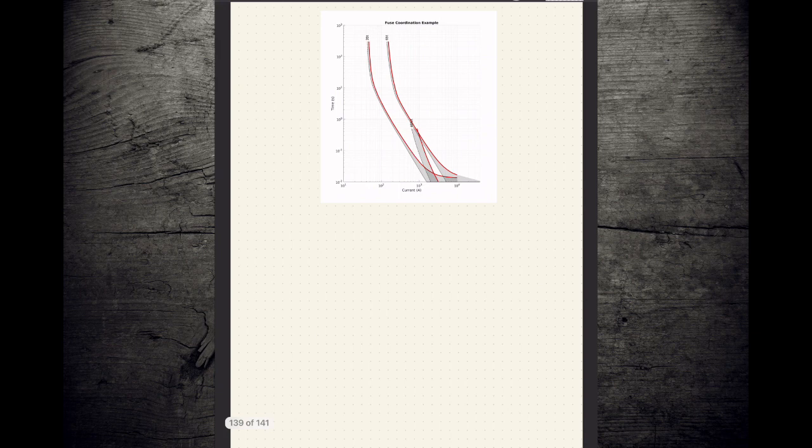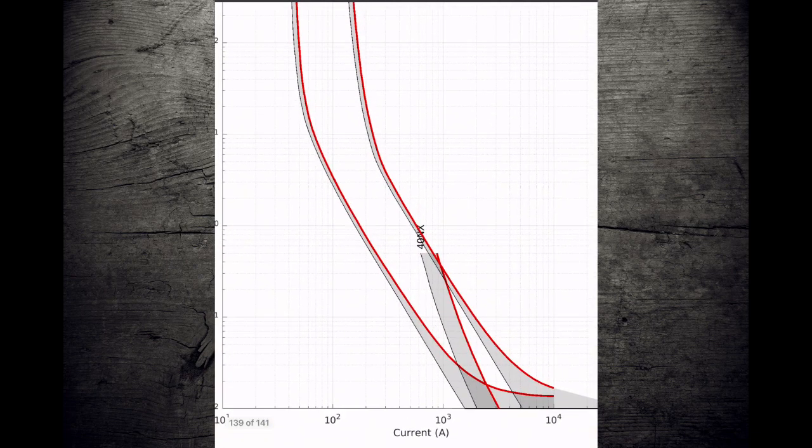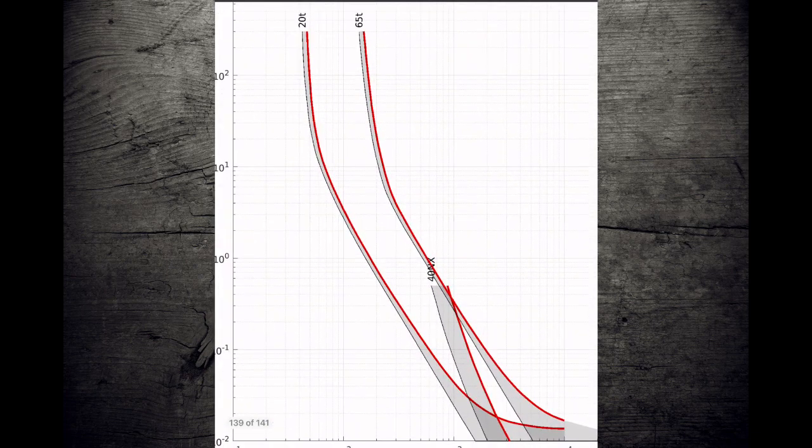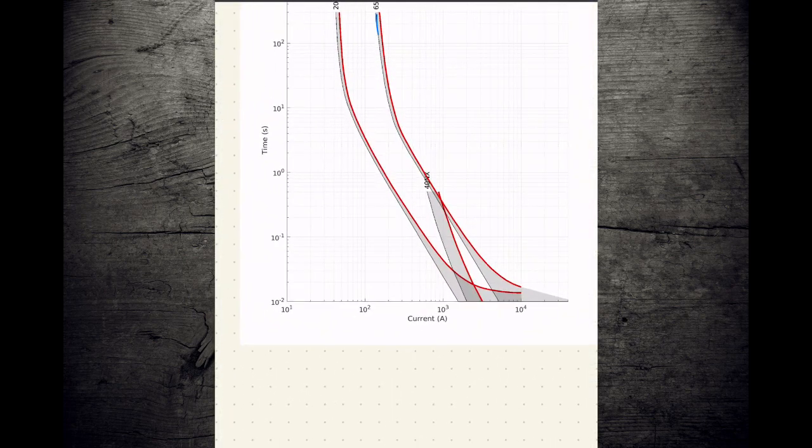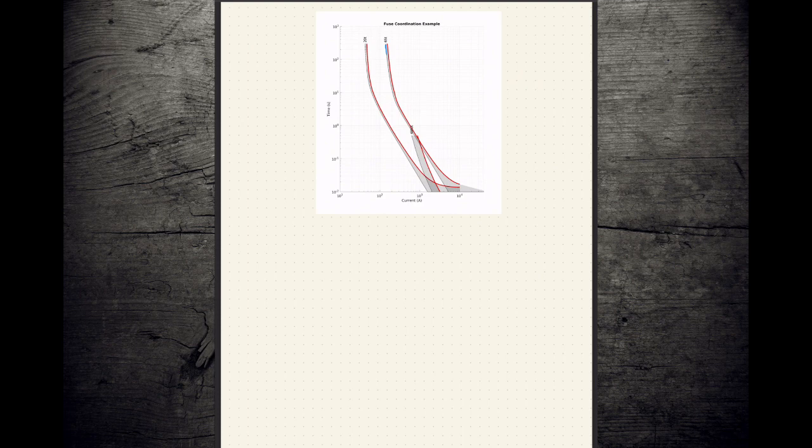So attack this one the exact same way that we went after the last one. You have to figure out what the 75% factor is on your minimum melt of your protected device. So we're going to start out, we're going to build a table.